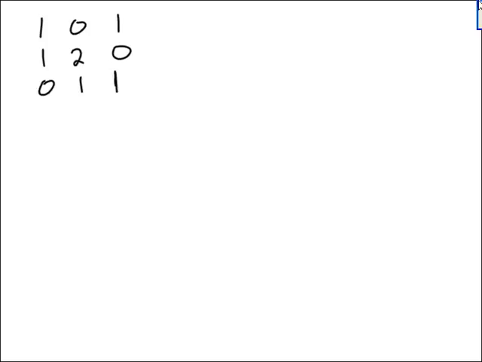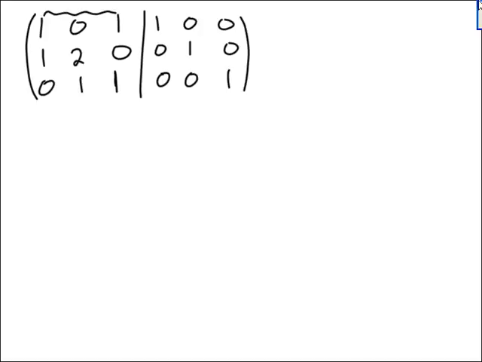If you want the inverse of this matrix, it's this 3 by 3 matrix. You augment it with this 3 by 3 identity matrix. We'll call this matrix A, and of course this is I3.